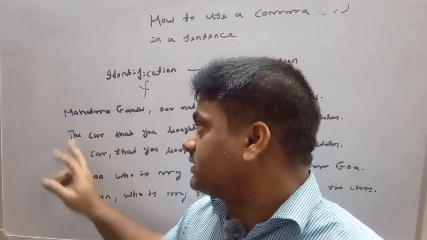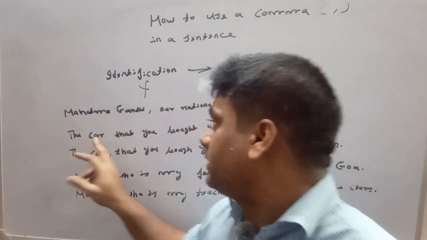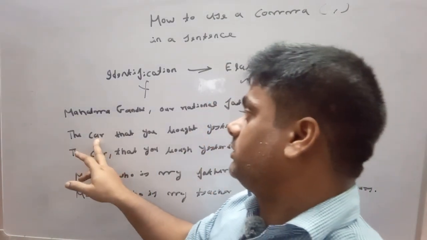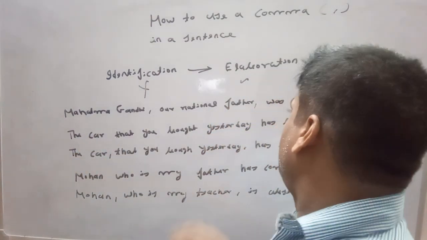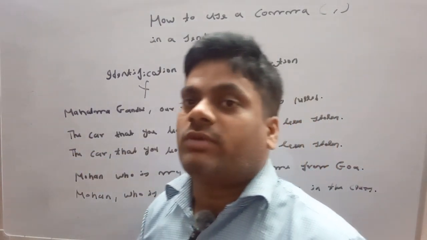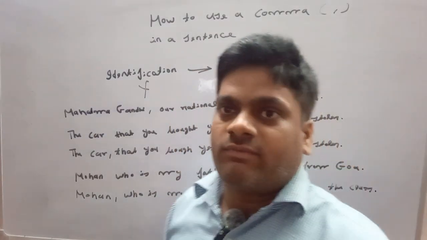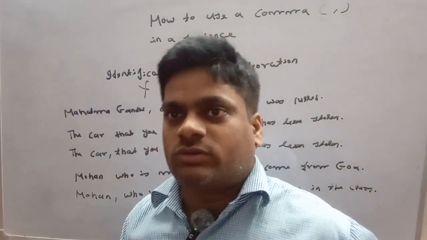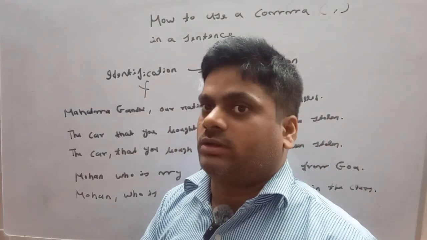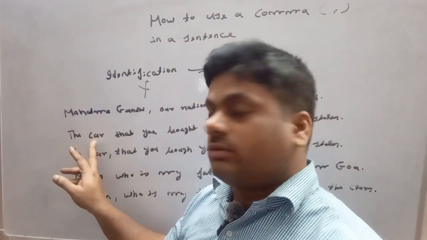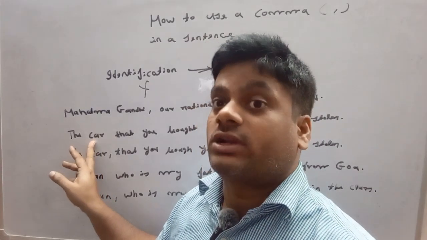As in the second sentence we have used no comma, it means we are going to identify the noun. The car that you bought yesterday has been stolen. It means we have more than one car, and from more than one car, one has been stolen. So here this car needs not elaboration but identification.